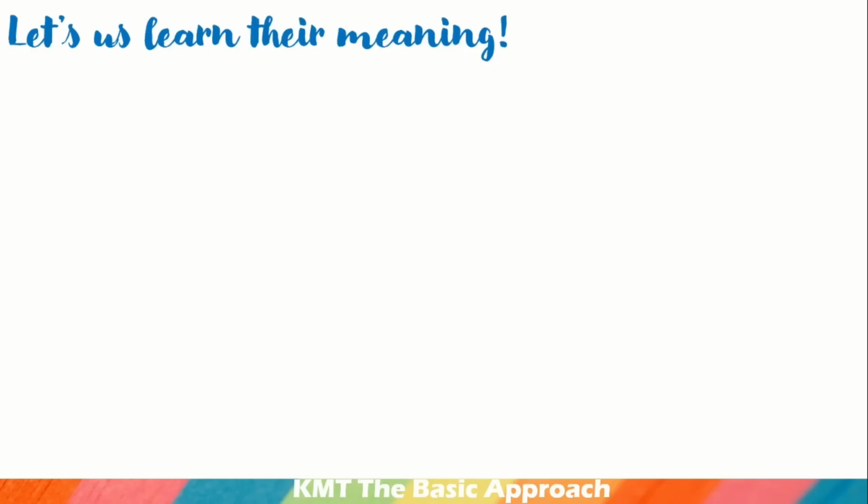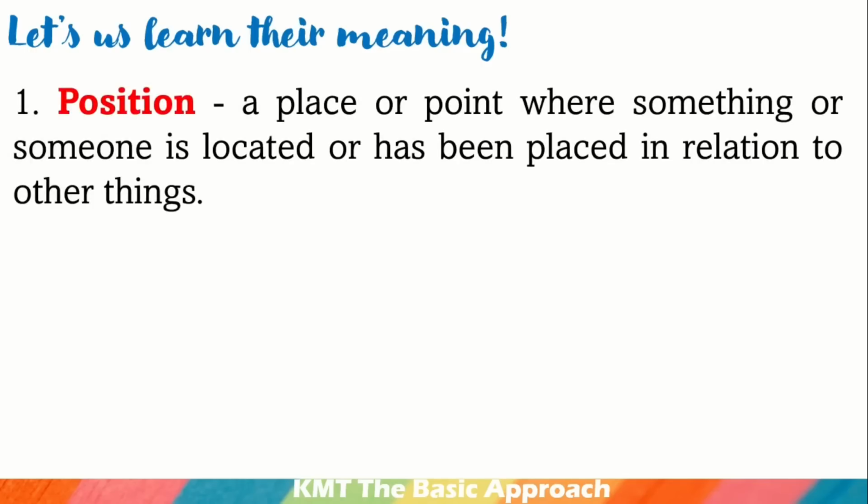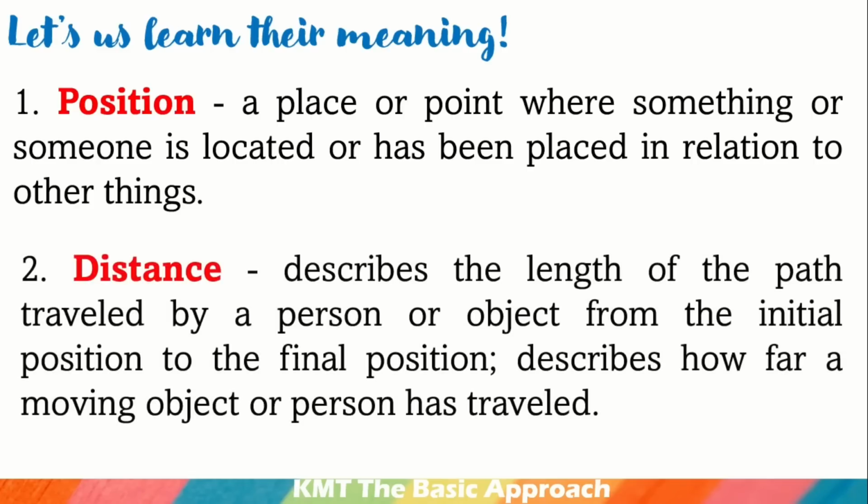Now let us learn their meaning. Number 1, position. A place or point where something or someone is located or has been placed in relation to other things. Number 2, distance. Describes the length of the path traveled by a person or object from the initial position to the final position.